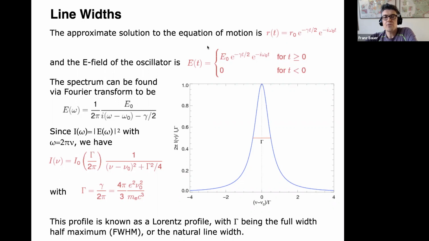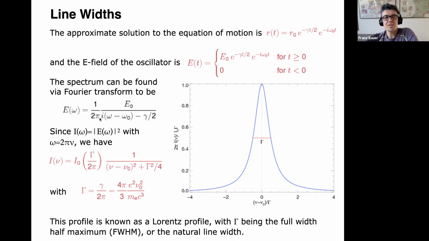And so we can take a Fourier transform of this thing. The field as a function of frequency will go like this. It goes as the overall electric field amplitude, but then you have some component here, which is imaginary, and then you have the damping constant. And the intensity should go as the E field squared, right? And so the intensity as a function of frequency will be that.